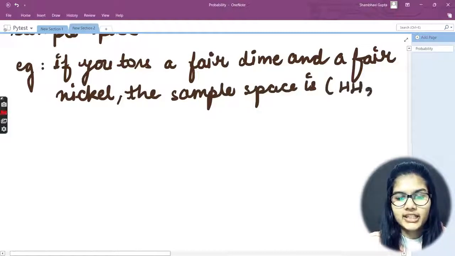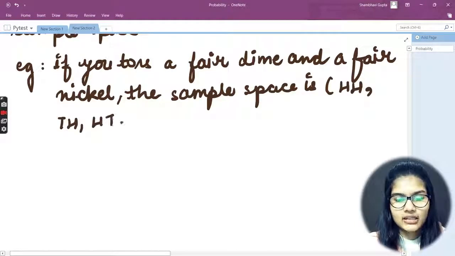That will be head head, head tail, tail head, tail tail.